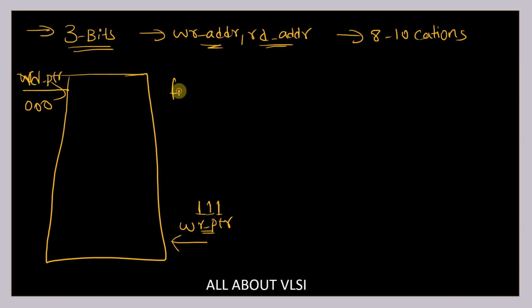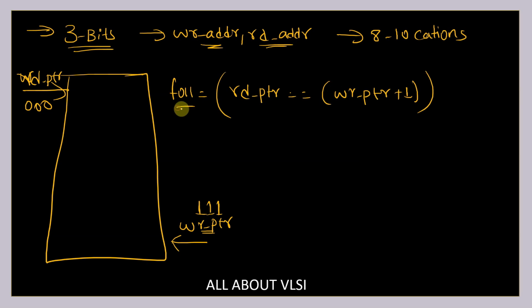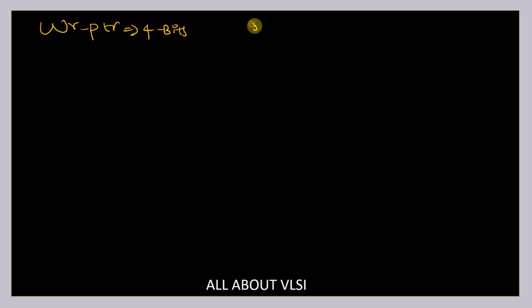So how can I calculate the full condition, which is nothing but read pointer is equal to write pointer plus 1. Then I can make full equal to 1, because 7 plus 1, again you're going to get 0, right? So this is my full condition which I can use when I have exactly the same number of bits. But over here, if you have carefully observed, the read pointer is also 4 bits.